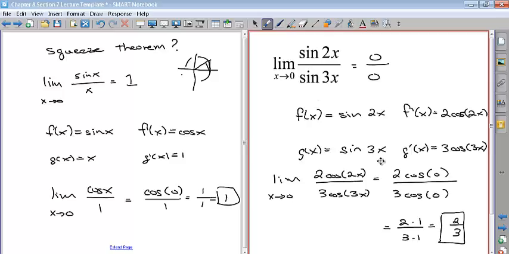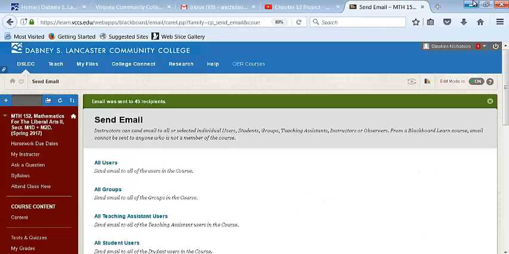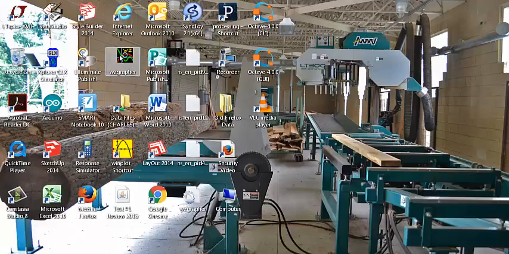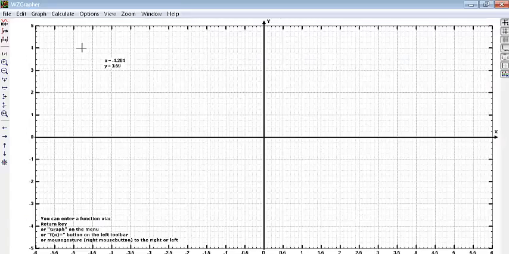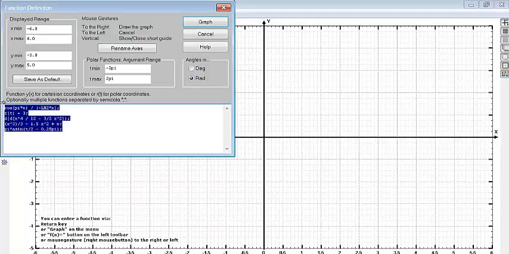Now I want to look at this one just graphically to show you what's happening. So let me minimize this and open up my graphing program. So I'm going to do the sine of 2x divided by the sine of 3x.